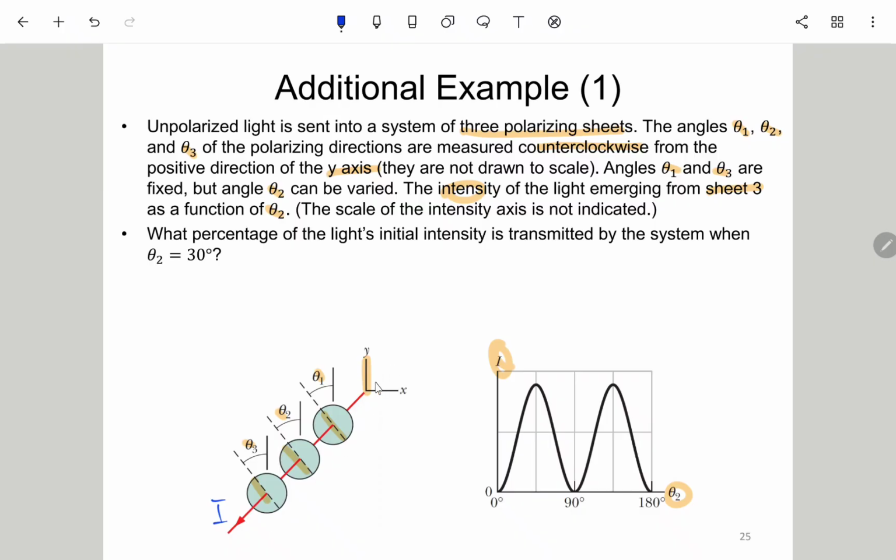Of course, at the very beginning it will be I0. What is the percentage of the initial intensity transmitted by the system when theta 2 is 30 degree? It is already drawn in this figure, but of course we don't know how large it is, so we should be able to find it out.